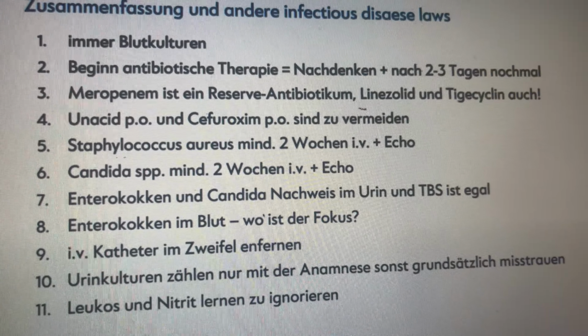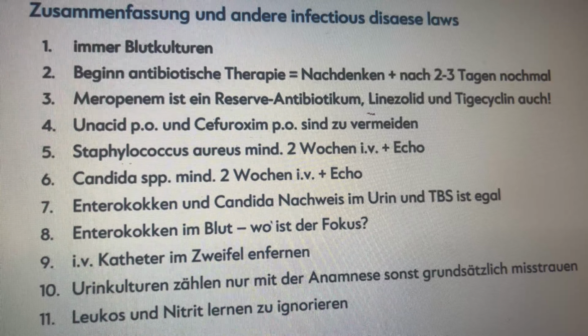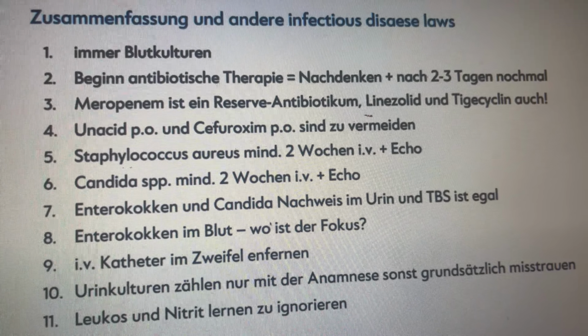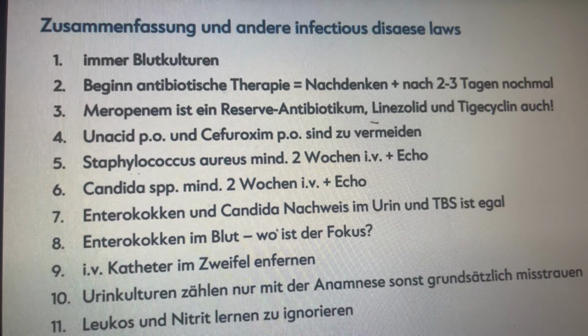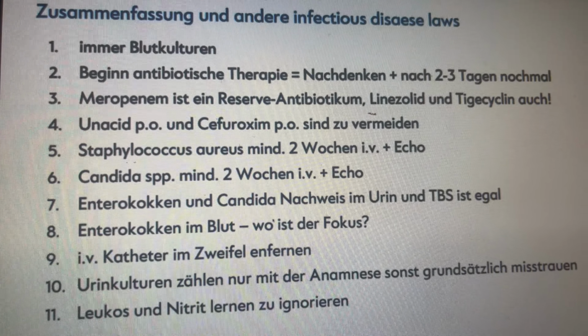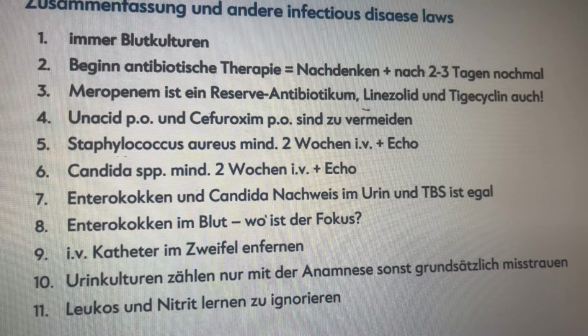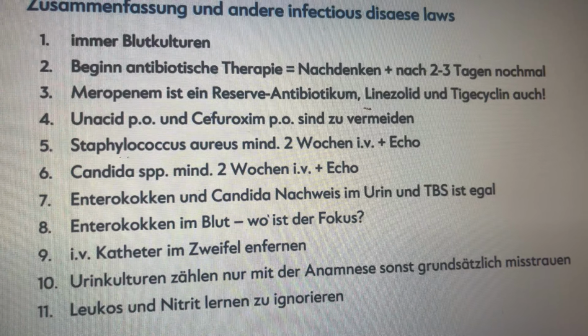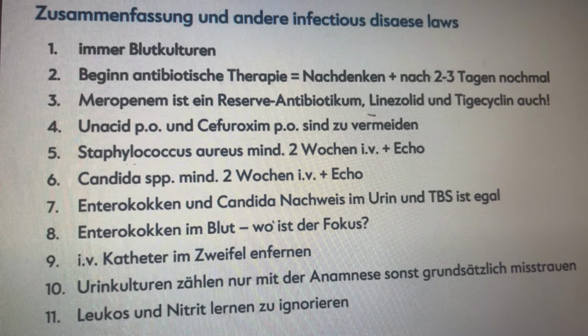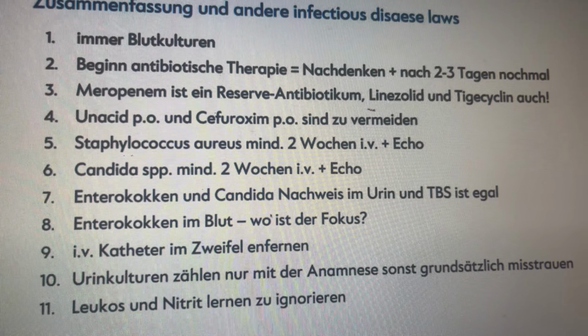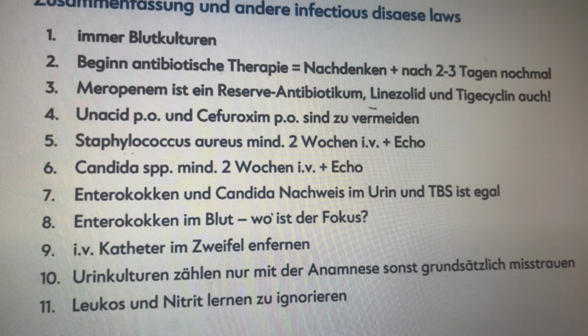And we just talked about so much of the infections, and here is the conclusion. Before beginning of the antibiotics, it's always recommended to take blood cultures, and after beginning the antibiotic therapy, after 2 to 3 days, we have to take the blood culture to see if our therapy is helping the patient, if there are even bacteria in the blood culture.